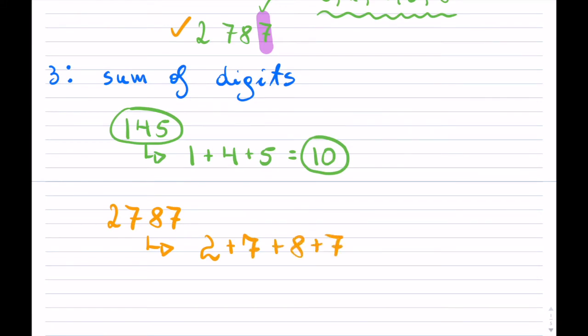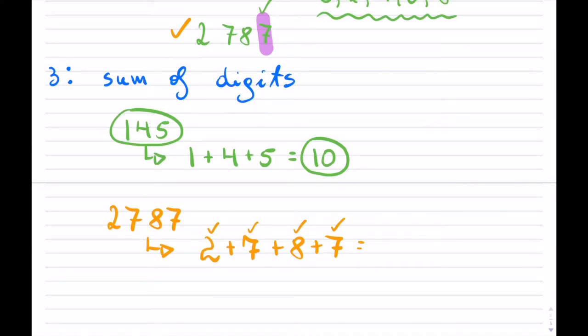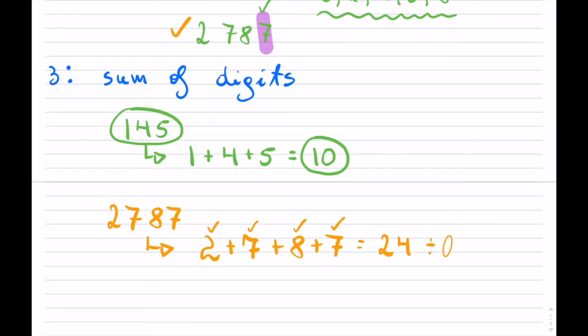So we can add these up. 2 plus 7 is 9. 9 plus 8 is 17. 17 plus 7 is 24. And now if we check if this is divisible by 3, then we find out that, well, 24 indeed is divisible by 3.